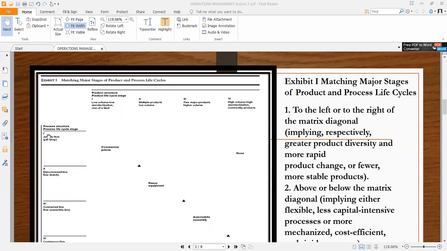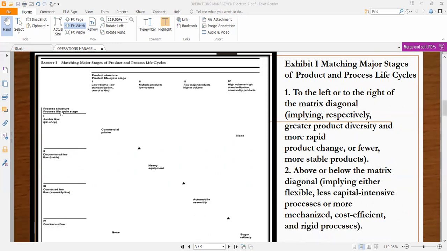Okay, now let's look at here. It is the process structure. The rows are the steps.